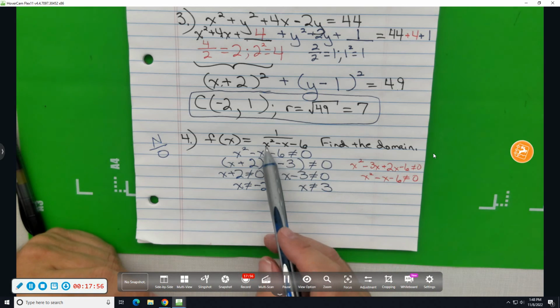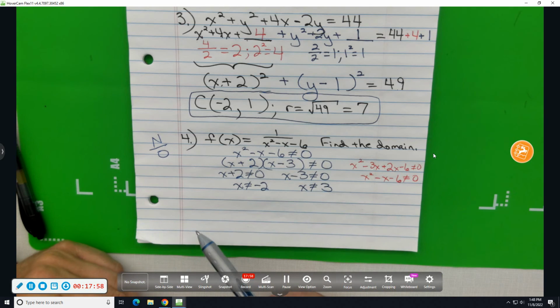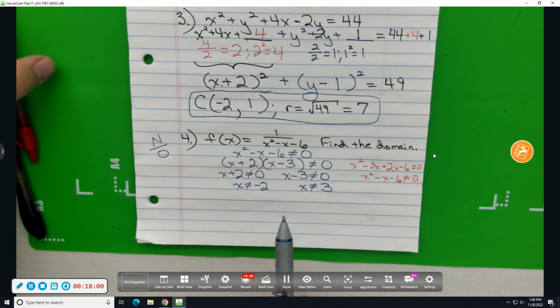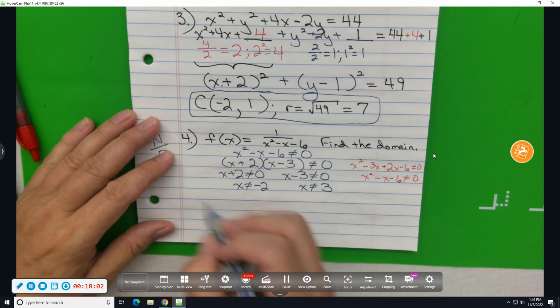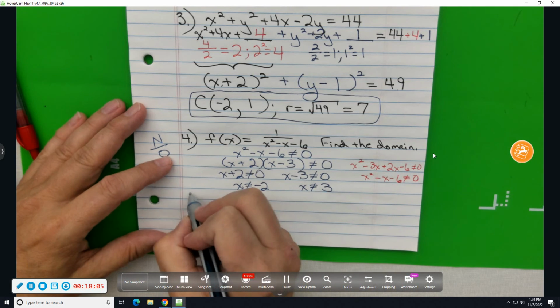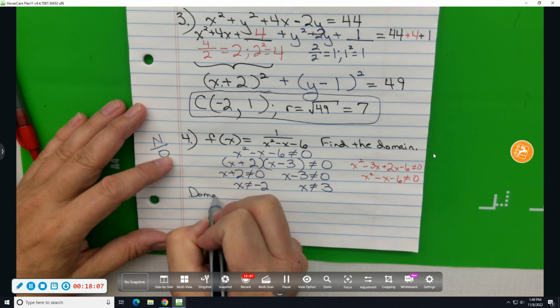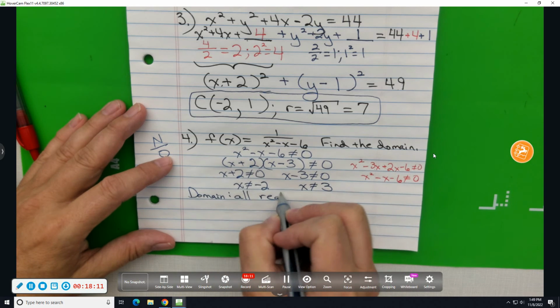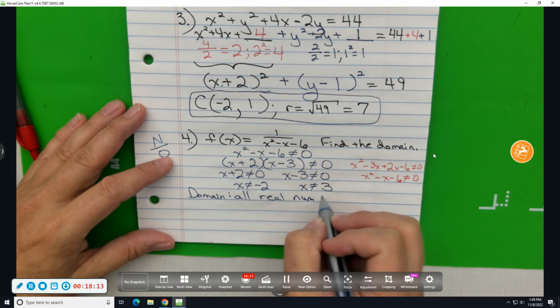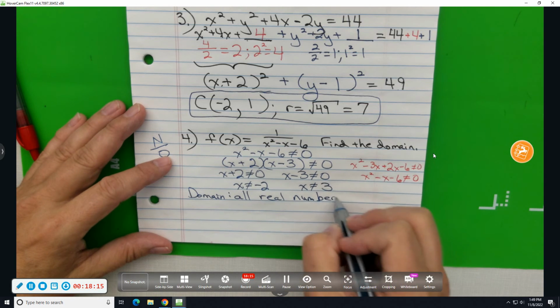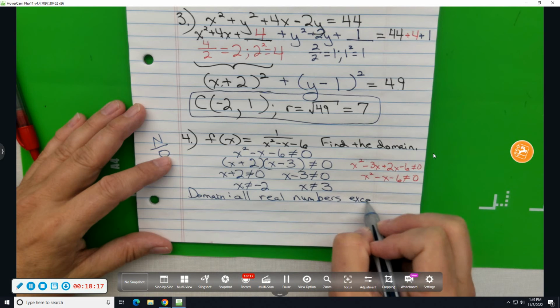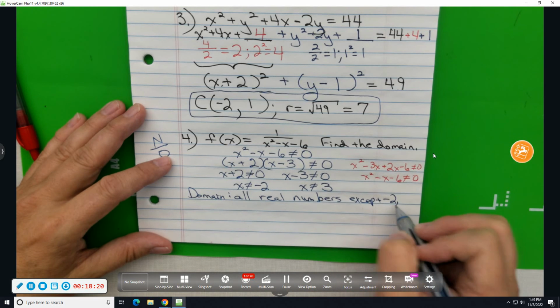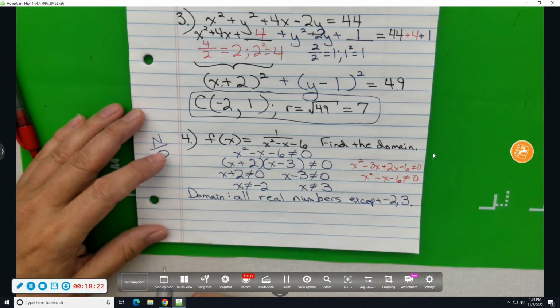Yes, it can be 50 million. You can plug in 50 million for x, but the only two numbers you can't use are negative 2 and positive 3. So if I were going to write it out in words, I'd say all real numbers except negative 2 or positive 3.